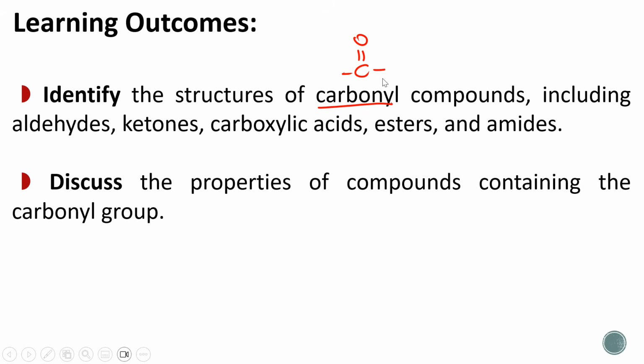Okay, يعني هاي المركبات كلها فيها هاي الكربونيل جروب. And these compounds include aldehydes, ketones, carboxylic acids, esters, and amides. We want to look into their structure and discuss some of their properties. Okay, بعض خصائصهم و some of their reactions as well بإذن الله.